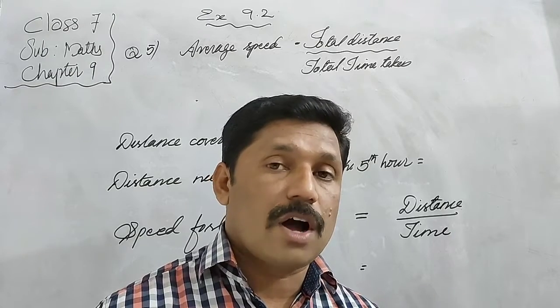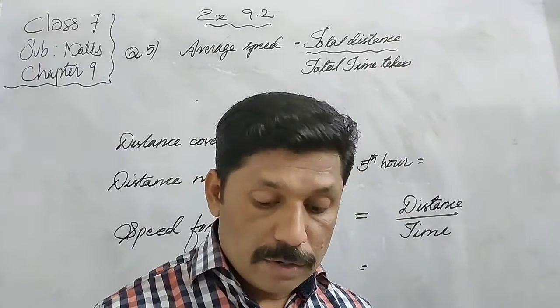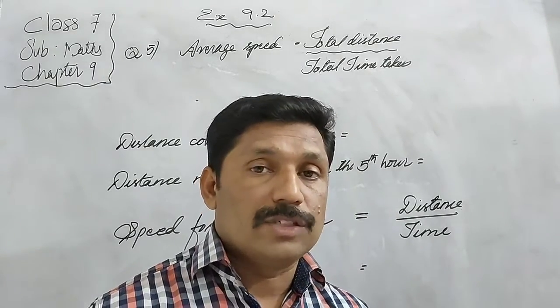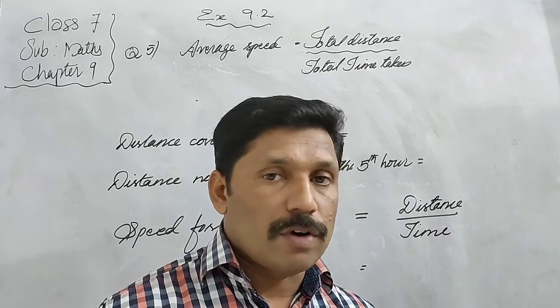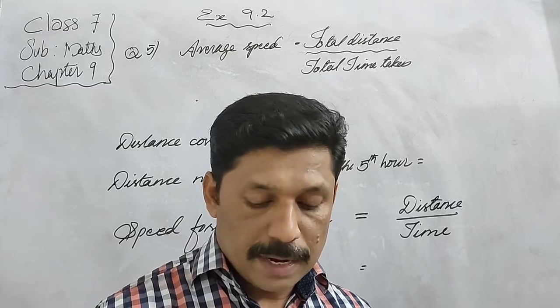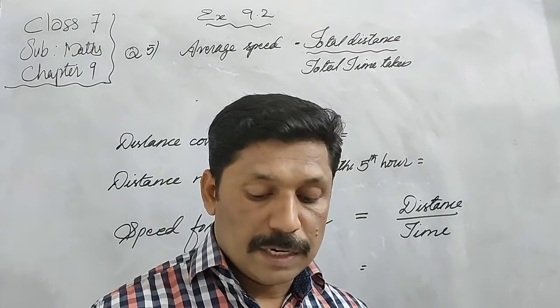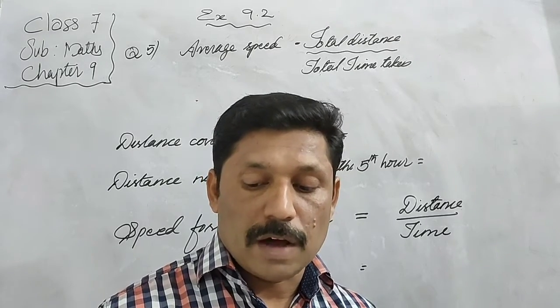After finding that, we divide by the time. Time is 1 hour only, because out of 5 hours, 4 hours of the journey are finished. Then we get his speed for the last hour.